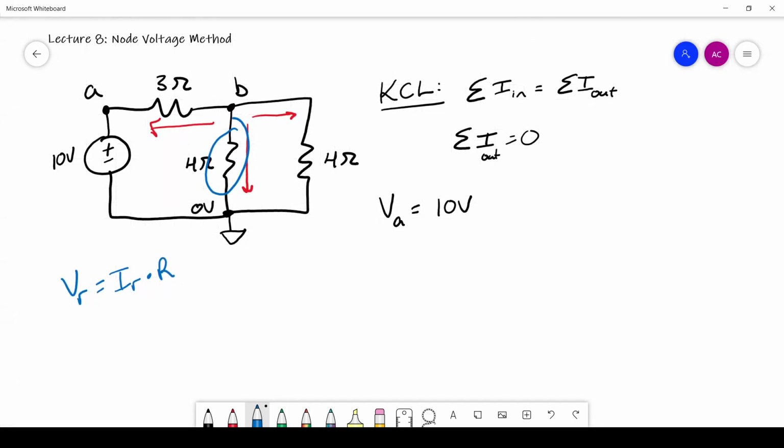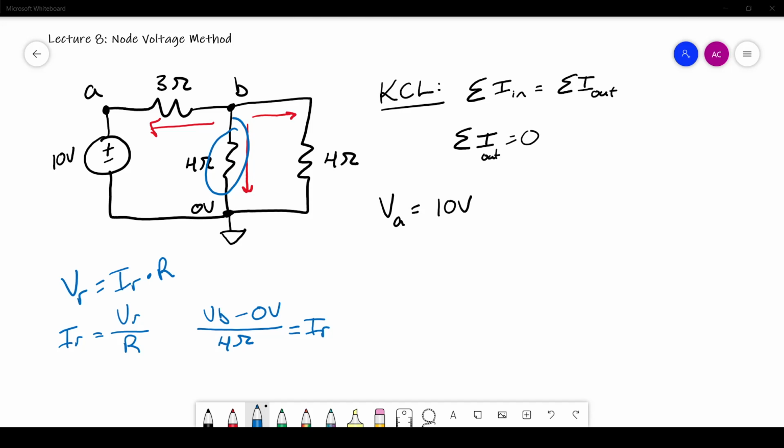We can rearrange to find the current through the resistor is equal to the voltage across the resistor divided by the resistance. That means the voltage across the resistor is going to be VB minus 0 volts, because down here is ground. So VB minus 0 volts over that 4 ohm resistance is equal to that current.